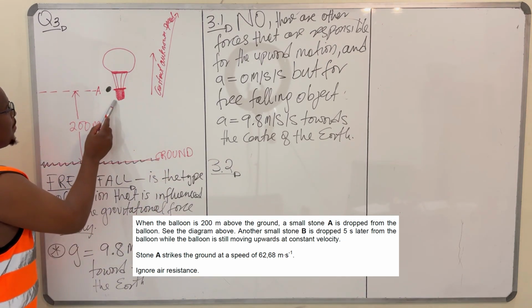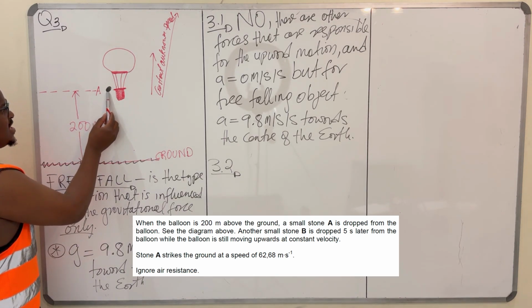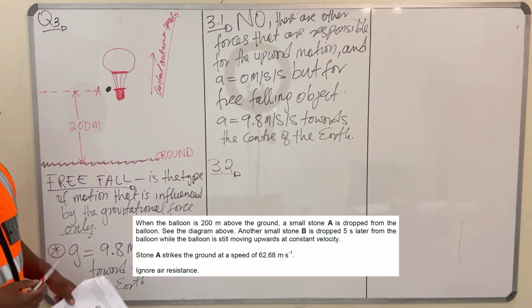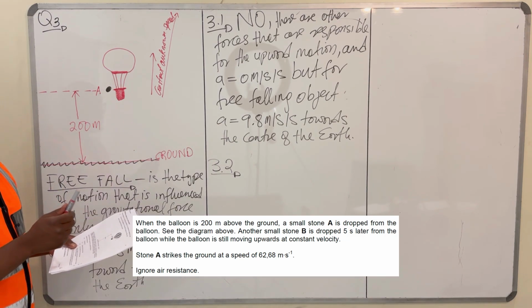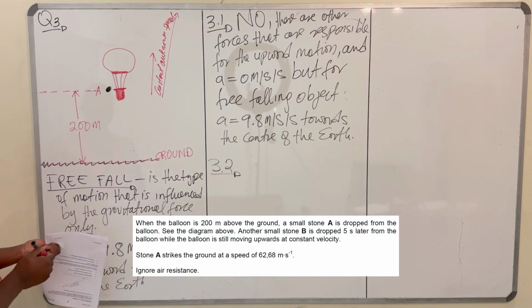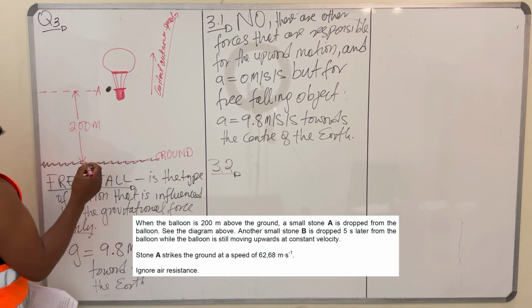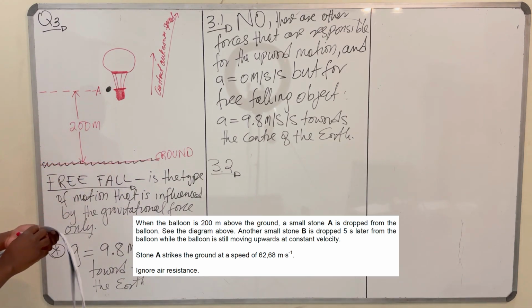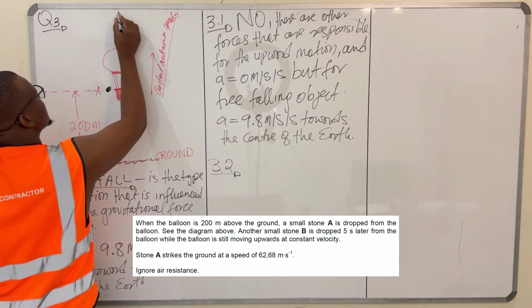So when our hot air balloon is 200 meters above the ground, a stone A is dropped from the hot air balloon, right? And 5 seconds later, this one is dropped, and then the hot air balloon continues going upwards. Let me make it black.